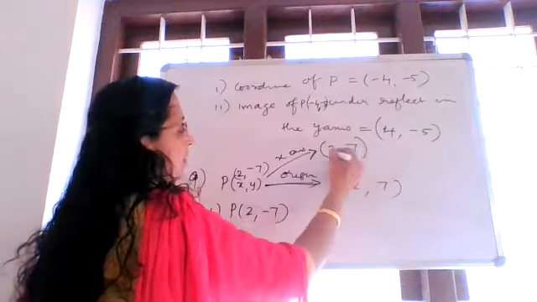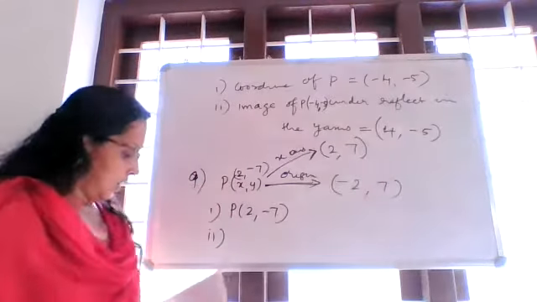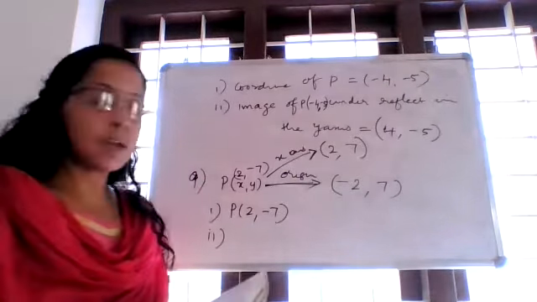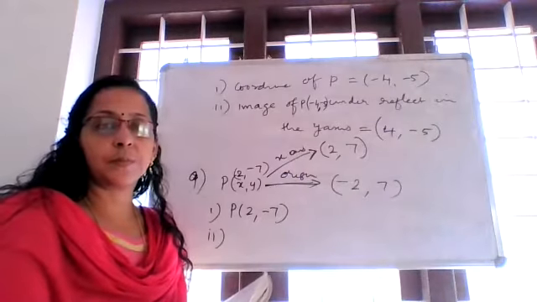So the second part answer is 2, 7. The coordinates of the image of P under reflection in the x-axis is equal to 2, 7.